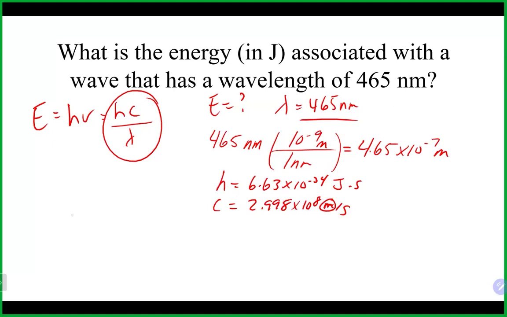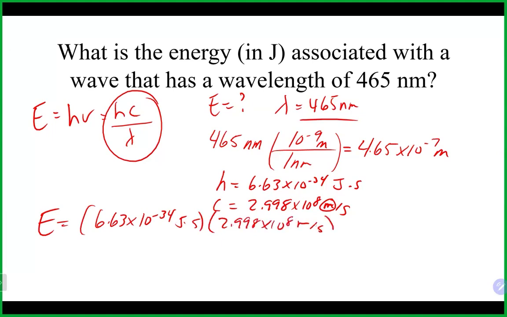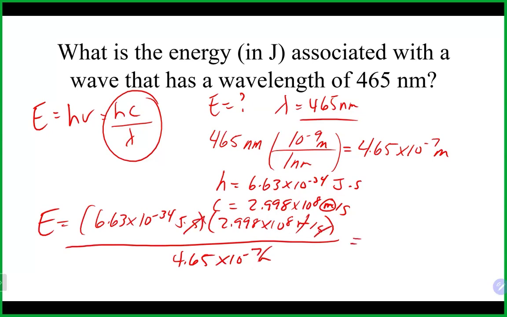Putting this in, we'll take our 6.63 times 10 to the minus 34 joules times seconds, our 2.998 times 10 to the 8 meters per second, all divided by our wavelength, which has been converted into meters, so the meters cancel. Seconds will also cancel, which leaves us just joules.